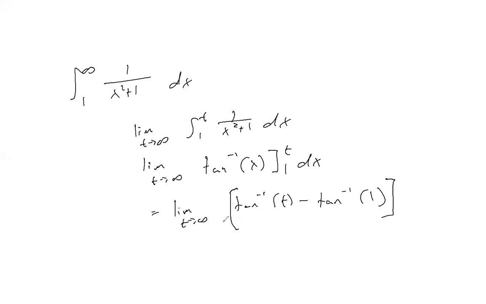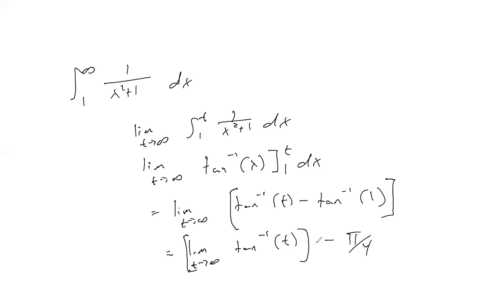First thing I could do is split up this limit into two limits. And this is a constant, tan inverse of 1. Tan inverse of 1 is pi over 4. So the limit of that is pi over 4.